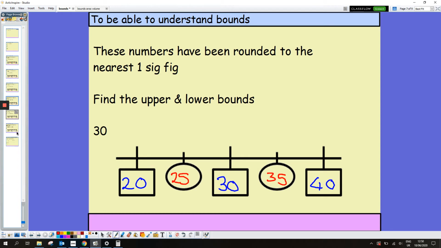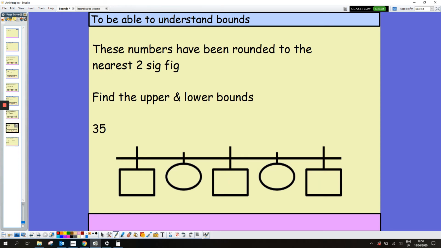Last but not least, on figuring out the upper and lower bounds, it's been rounded to two significant figures. So 35 goes in the middle.